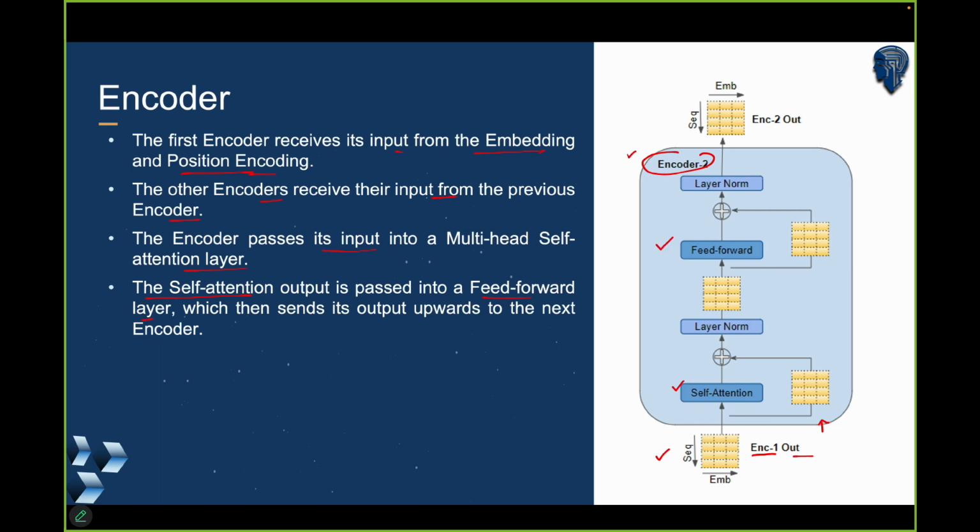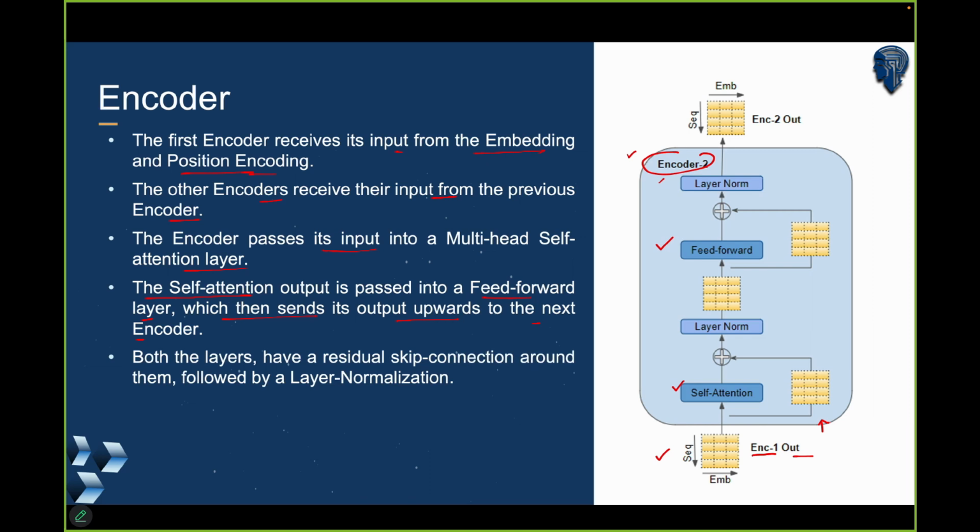This is the feed-forward layer, which then sends its output upward to the next encoder, and that is encoder number 3 in the stack. Both the layers have a residual skip connection around them, followed by a layer normalization. Like you can see here, layer normalization, layer normalization.